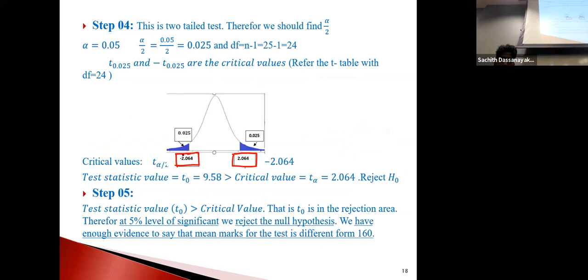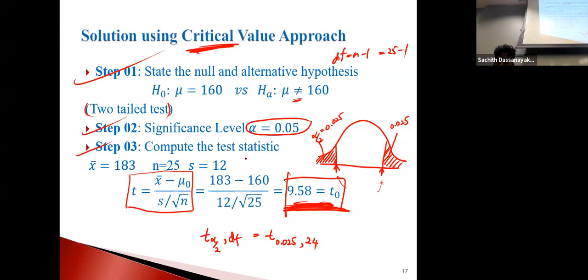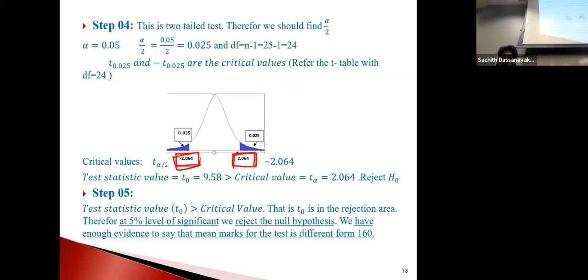The t naught is 9.58. Where is 9.58? This critical value is 2.064, so 9 point something is definitely on the right hand side, somewhere here.